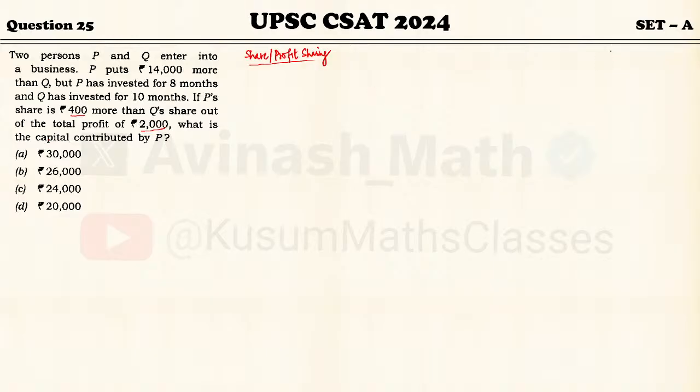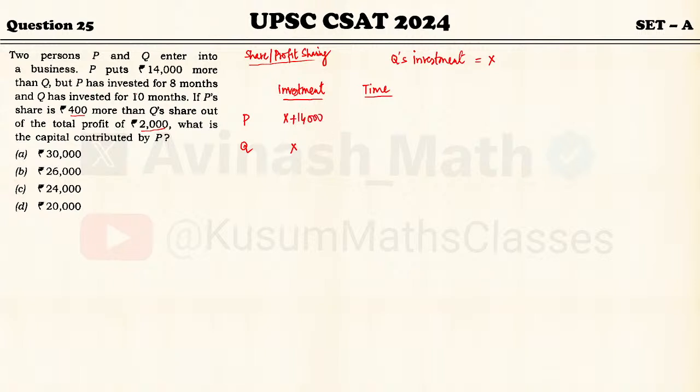So make a table. Investment, and then time. This is P and this is Q, right? Say Q's investment is X. So Q's investment is X and P's investment is X plus 14,000.